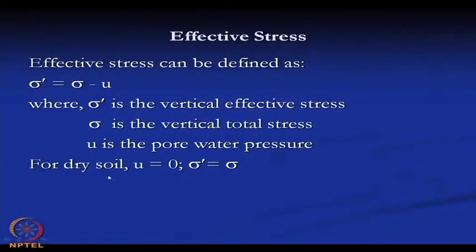In that case, u is 0. In that condition, the effective stress will be equal to the total stress. So, if u is 0 in the dry condition, then sigma dash is equal to sigma, and dry means there is no water present in the soil.